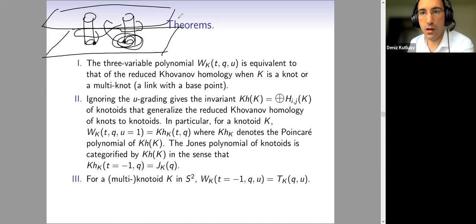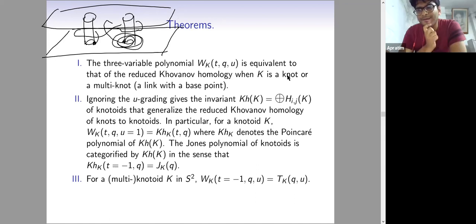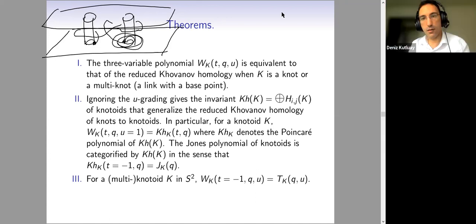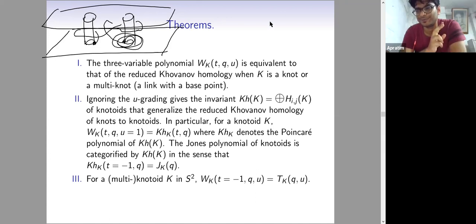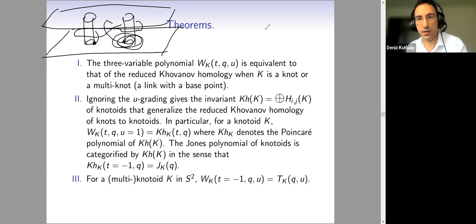That's why in R2 this is similar to the annular Khovanov homology. Basically, you are taking two base points now, not just one. Two cylinders. Yes, two cylinders. On R2, yeah.